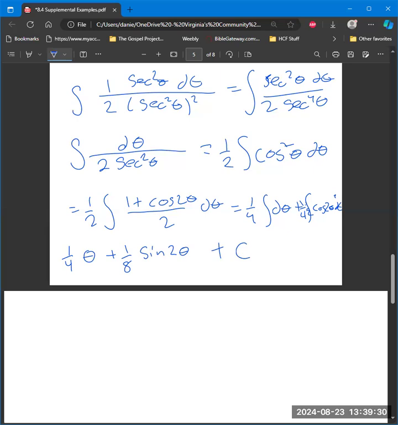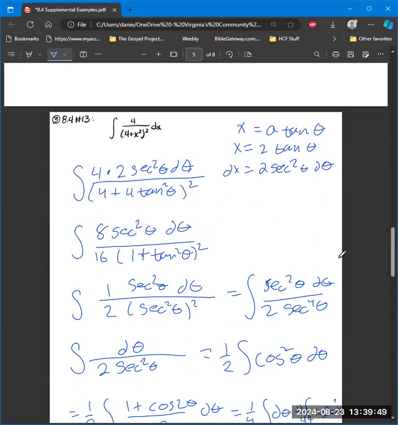And then we'll simplify that down here. So we have 1/4 theta plus 1/8 of sine 2 theta, which is 2 times sine theta times cosine theta, plus c. And I'm going to use my substitution here.